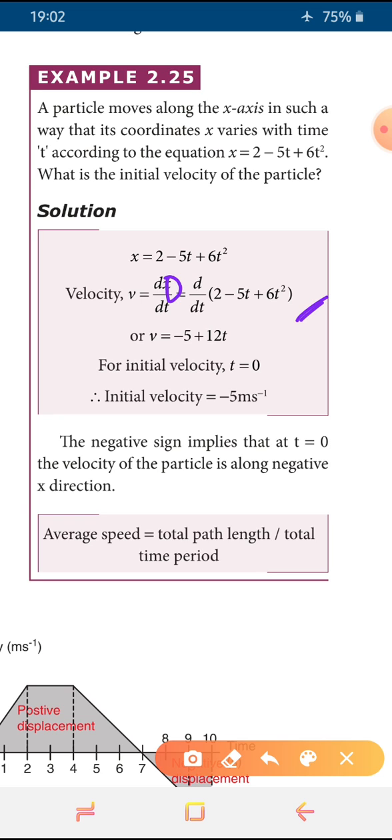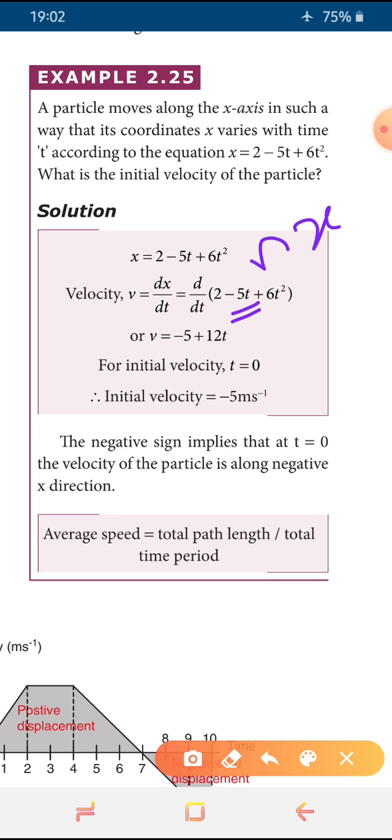Then we write v after differentiation. This 2 will become 0 because it has no time function, it is constant, so we neglect that and write 0. Then next is minus 5t, and we know the formula. Once again I am recalling it for you.